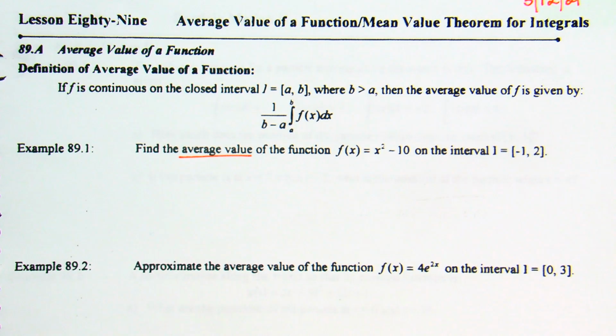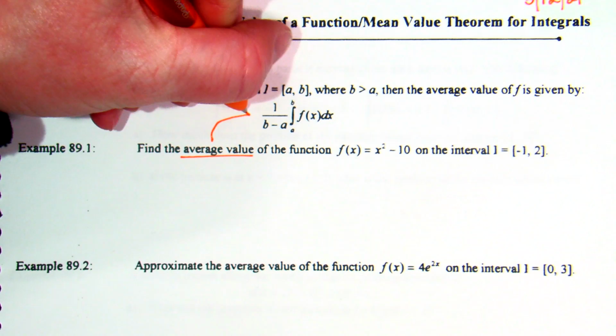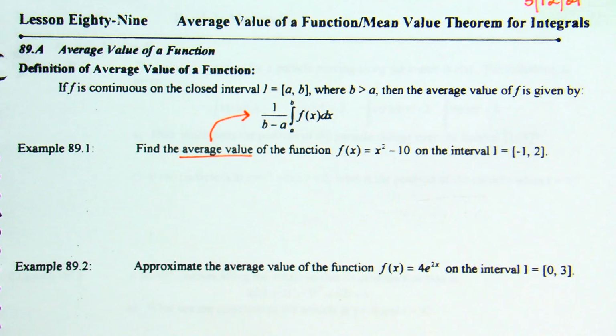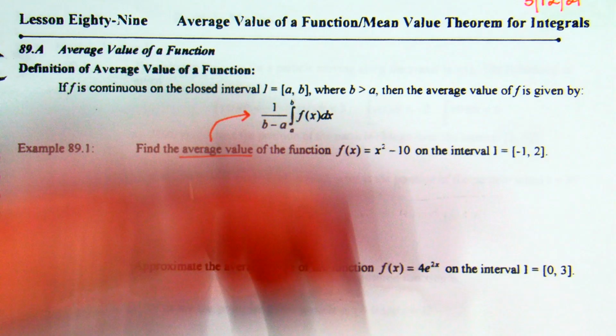Example 1 says, find the average value of the function f of x equals x squared minus 10 on the interval -1 to 2. If it says find the average value, what am I going to think? That formula.